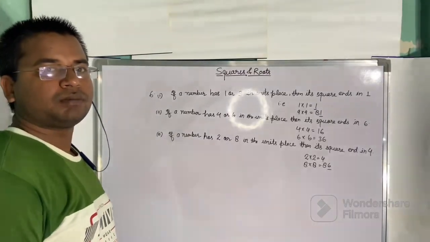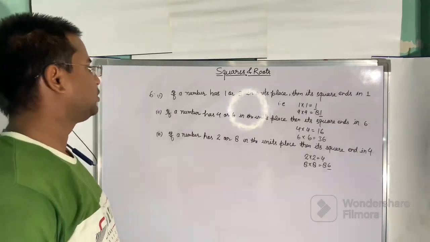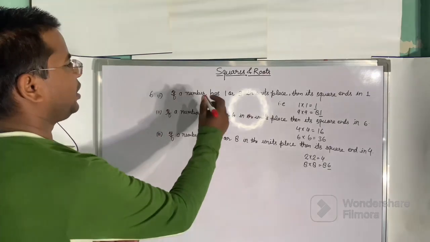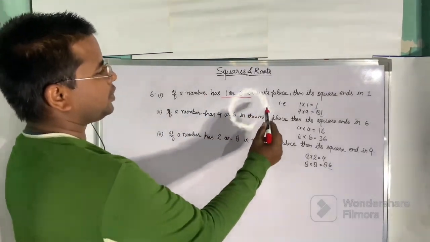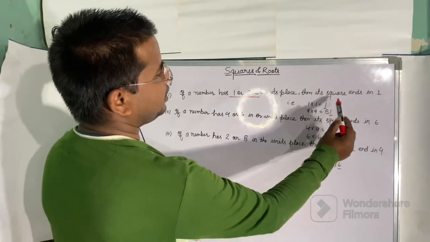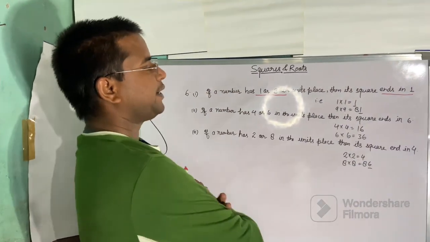This is rule number 6. Let's see what rule number 6 says. First, if a number has 1 or 9 in its unit place, then its square ends in 1. Why is it?